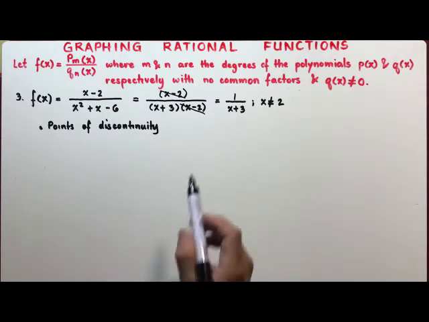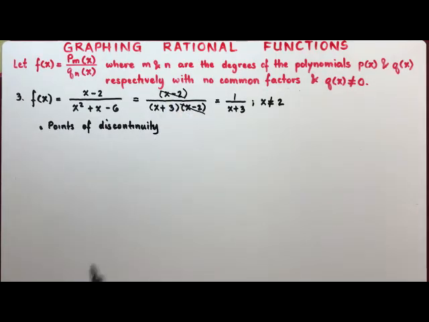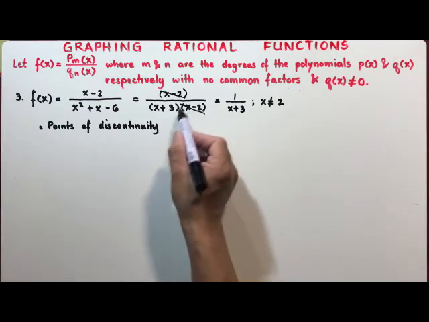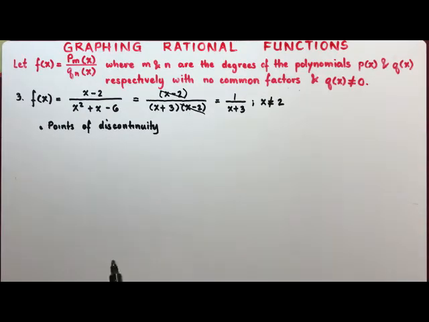If x is equal to 2, it makes this factor equal to 0. So this is one value of x that makes the denominator 0, which is where the function is discontinuous.